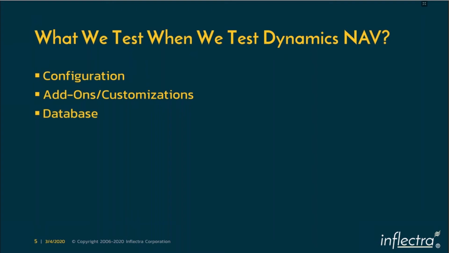We are sure that Microsoft did a very good job testing the product, and that the base features of this product really work. All of us who are testing Dynamics Nav are making changes to configuration. We add some add-ons, we do customizations with this product. And this is what we really want to test.